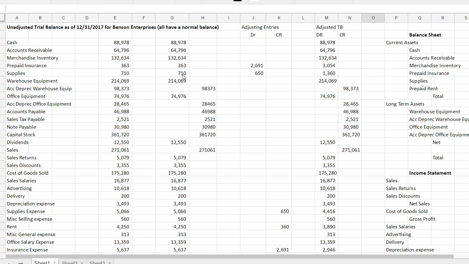They must have been recording the purchases in supplies expense. Well, some of those that were recorded as supplies expense have not been used yet, and so we need to move them back to the asset. So sometimes that's considered backwards, but a lot of companies do that. They back it out of the expense as an adjusting entry back into the asset.